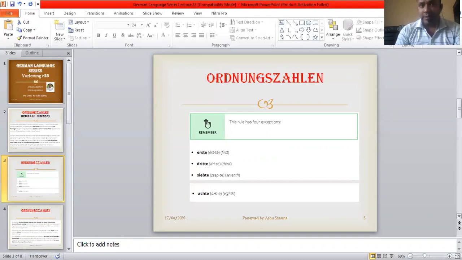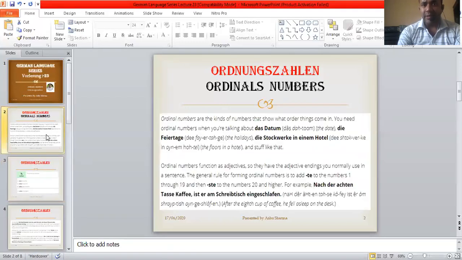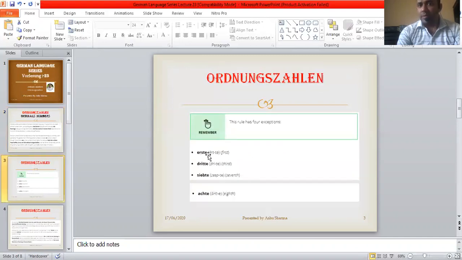As I said, for 20 or higher we use ste, but first is not higher than 20, so this is the exception. Dritte, again, is third. Siebte and achte. So these rules have exceptions, and we have to understand the concept and then use these ordinals.